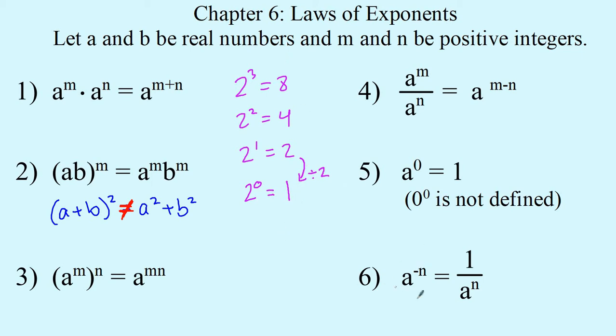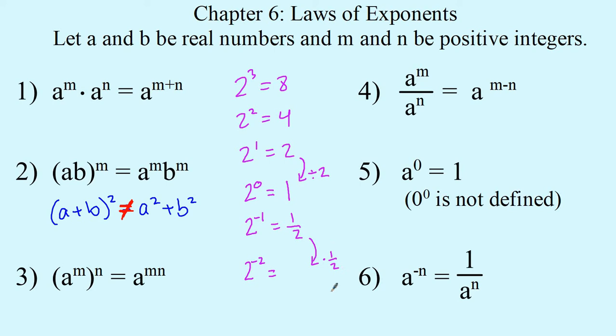Also with negatives, kids mess that up all the time. Follow the pattern. 2 to the negative 1, right? We keep going down in exponents. Well, we divide. 1 divided by 2 is 1/2. Do it again. 2 to the negative 2. Look for a pattern. Dividing by 2 is the same thing as multiplying by 1/2, right?